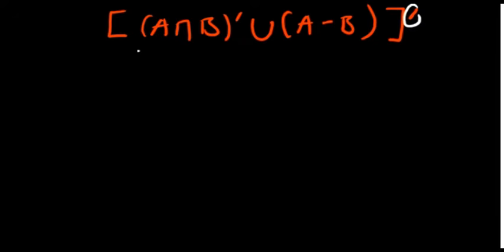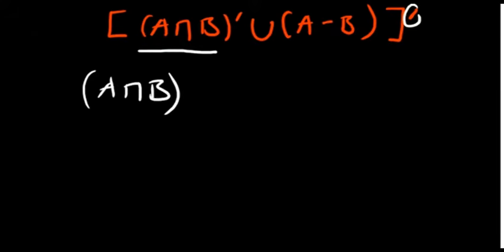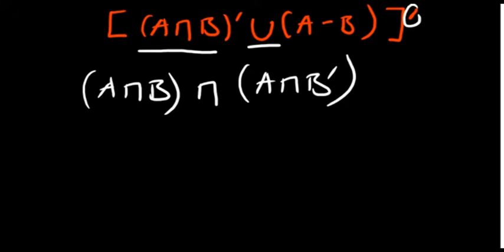This part having a complement will cancel out, so it will just be A intersection B. The sign there will become the intersection. Then in the brackets we have A minus B. Of course we understand that A minus B is the same as A intersection B complement. So there's a complement that we are distributing there.